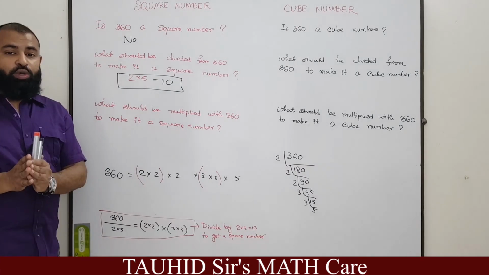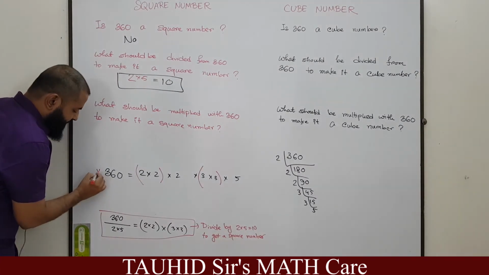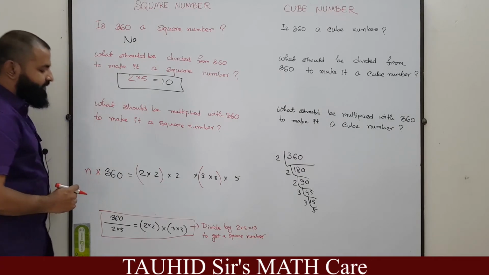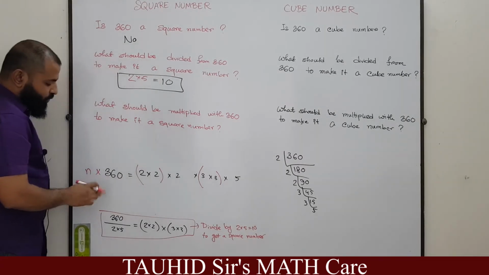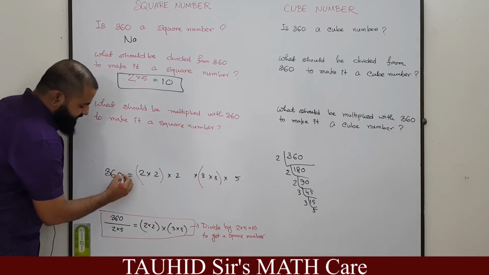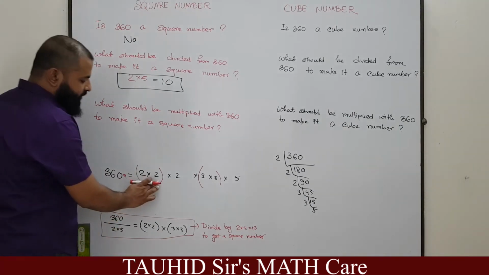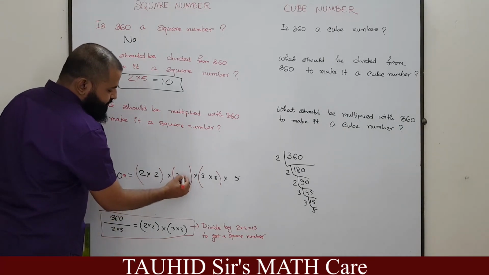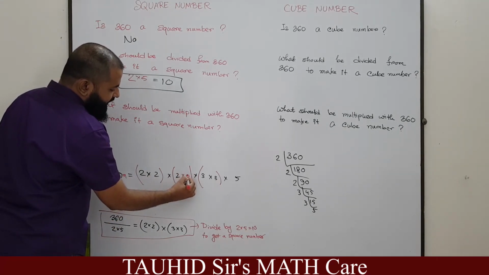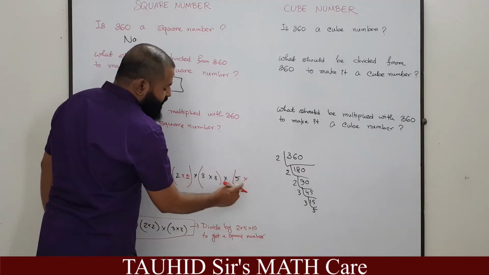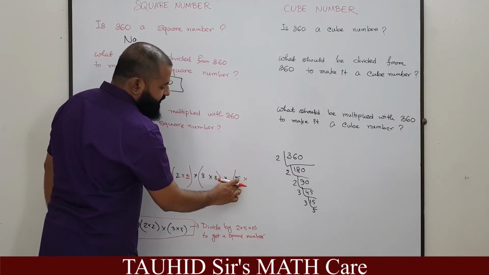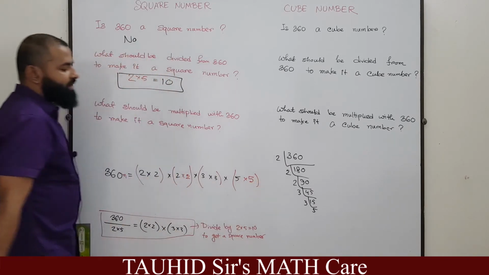The next question is, what should be multiplied with 360 to make it a square number? Look here, we will multiply it by something. Let's say we multiply it by n. Now we consider that 360 multiplied by n, or 360n, is a square number. 2 by 2 is paired. To make this 2 paired, we need to multiply it by 2. To make this 5 paired, we need to multiply it by 5.